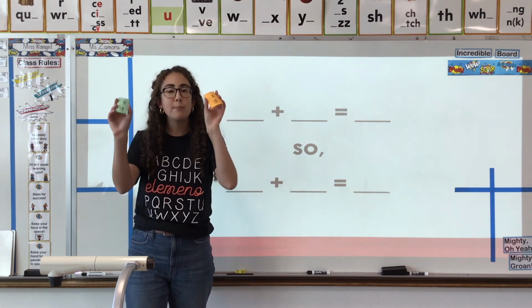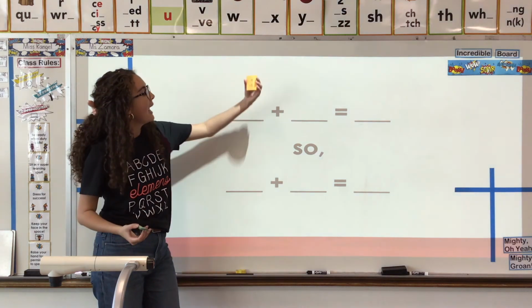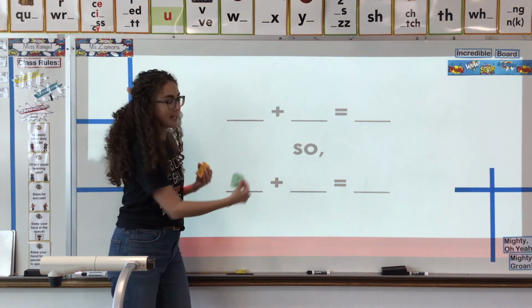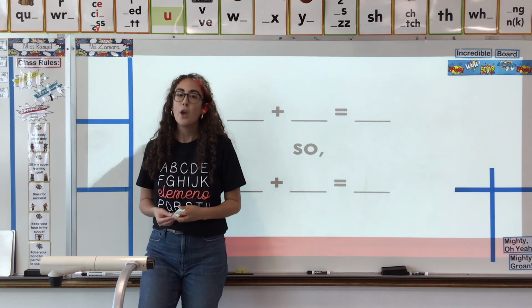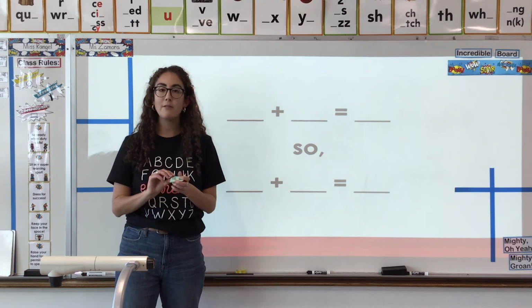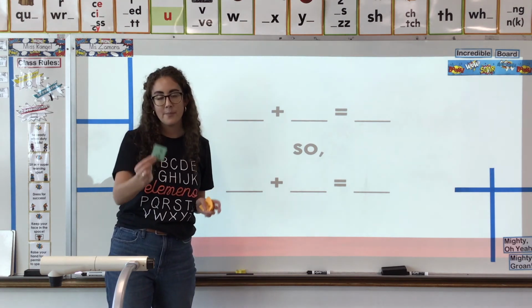So you could be using both your orange and green flashcards to show how 8 plus 8 equals 16, so 9 plus 8 equals 17. You can use this sentence frame to help you make that connection and remember what strategy we're using to solve our neighbor facts.